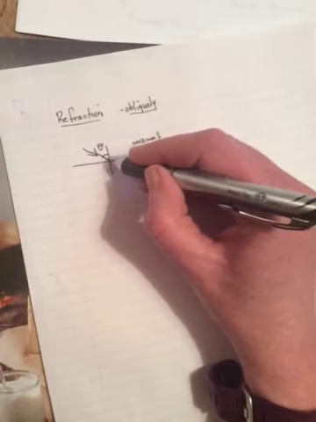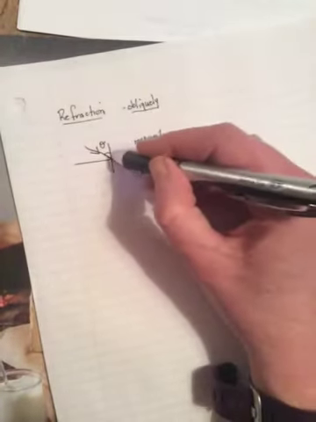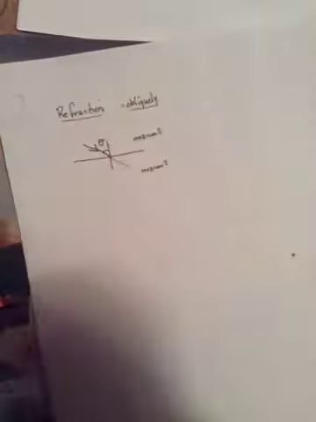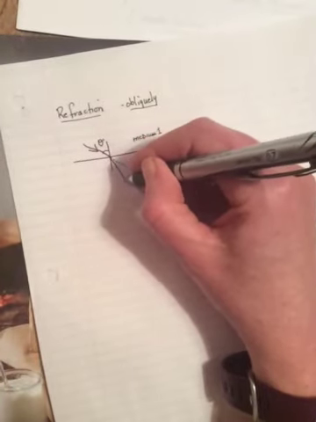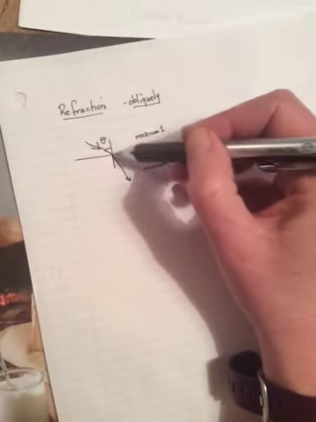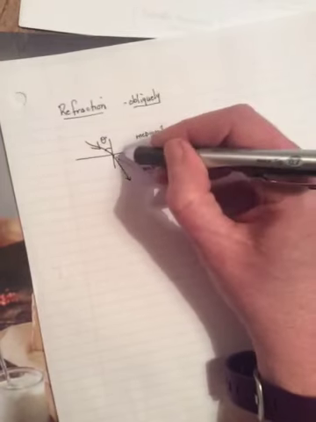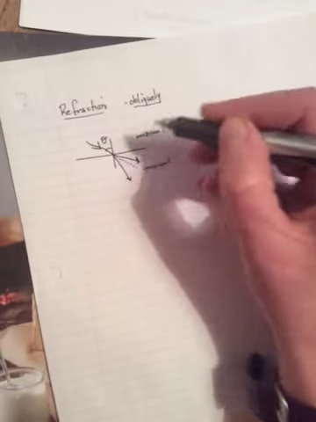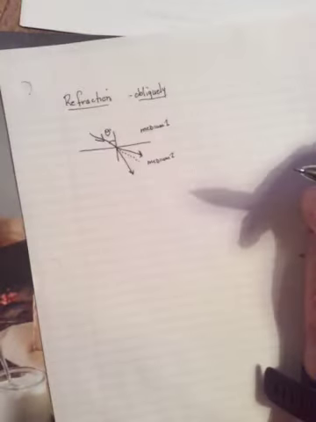Then we talk about it bending towards or away from the normal. If it wasn't going to bend, it would come straight through. If it bends, then it's either going to bend towards the normal, so that it bends closer to the normal than what it would be going if it was going straight through, or away from the normal, which means it would be up here, meaning it's further from the normal than what it would be if it went straight through.